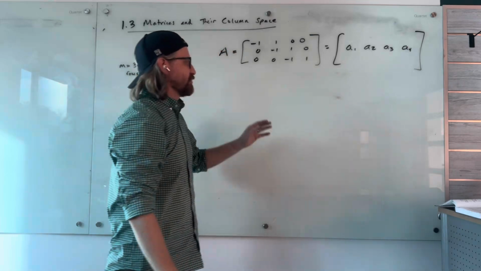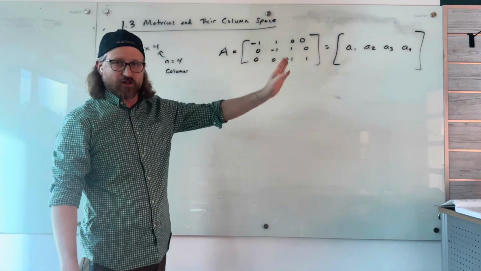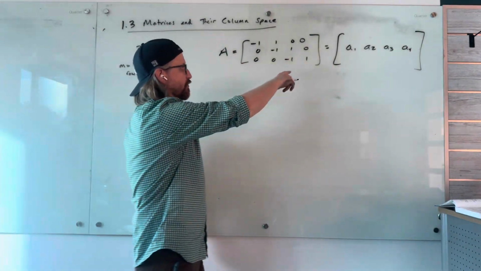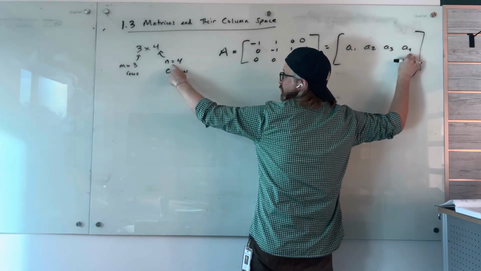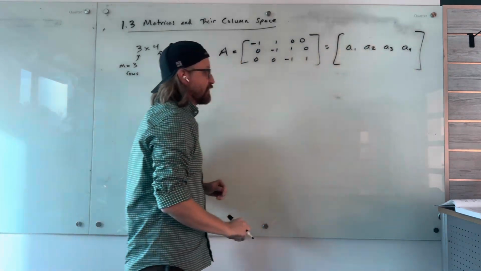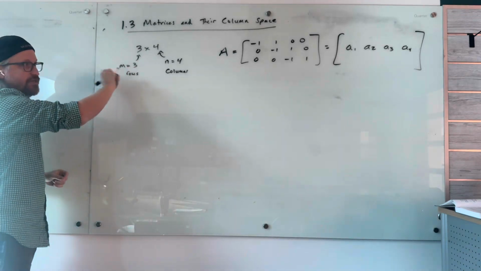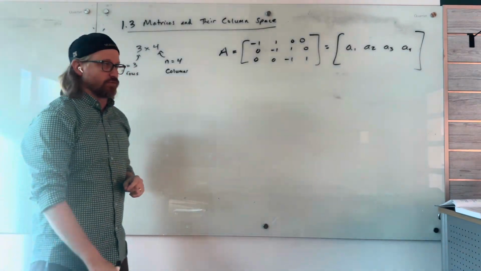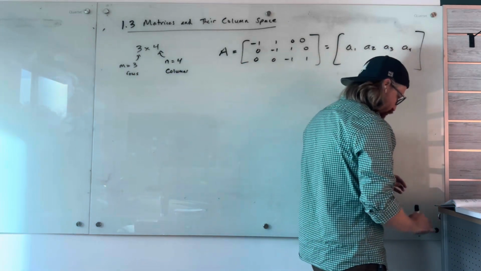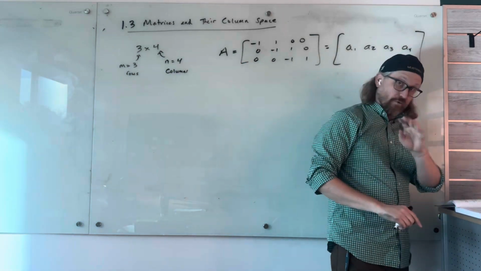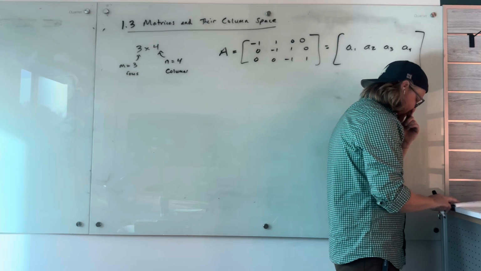And so this matrix is constructed of these columns. And so you'll notice that the number of columns that we have matches my dimension for n. So there are 4 columns, but I have a dimension of 3 in terms of my rows. So we're essentially working within a 3-dimensional space, but I have 4 total columns listed, 4 vectors in 3-dimensional space.